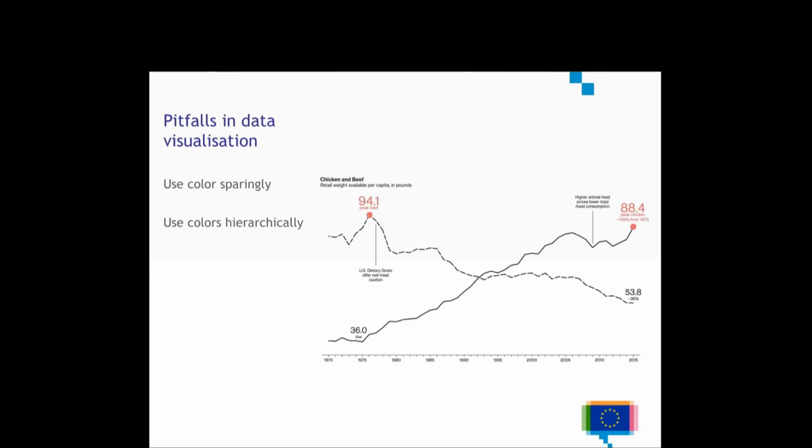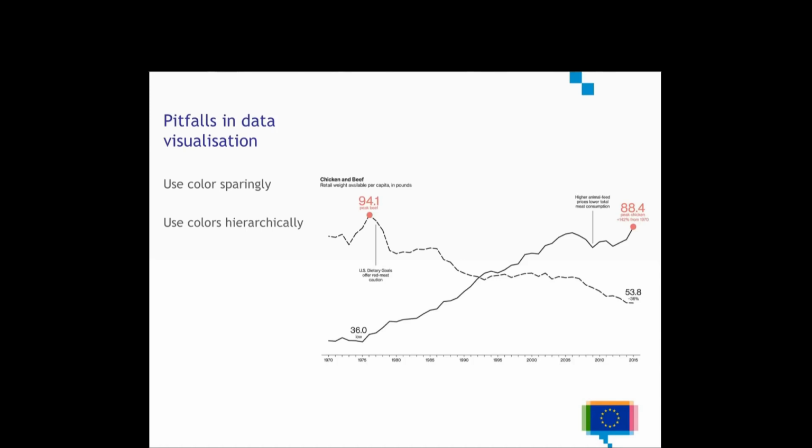Then it's also important to use color sparingly, which means that you shouldn't give everything on your chart bright colors, because then the reader will not know what to look at first. If everything is brightly colored, then nothing stands out. So you should focus the attention of the reader on the most important elements on the chart.